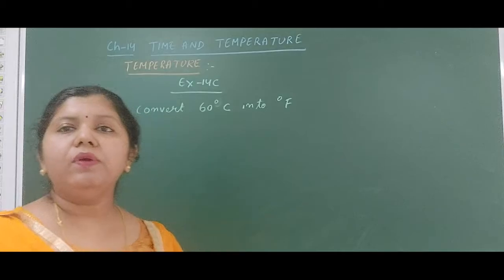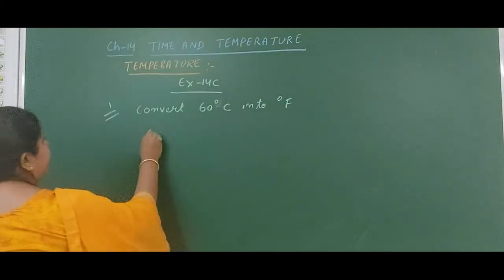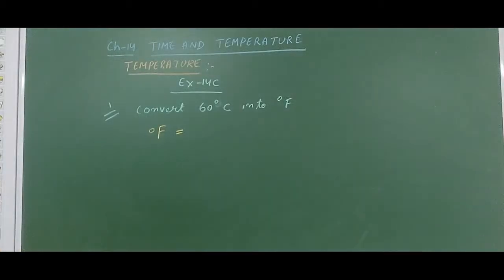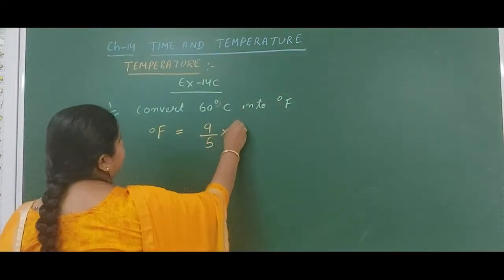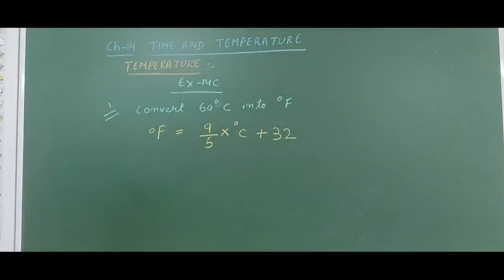Now look at question number 1 from exercise 14C. You have to convert 60 degrees centigrade into degrees Fahrenheit. For this we use the formula: degree Fahrenheit equals 9 by 5 into degree centigrade plus 32.